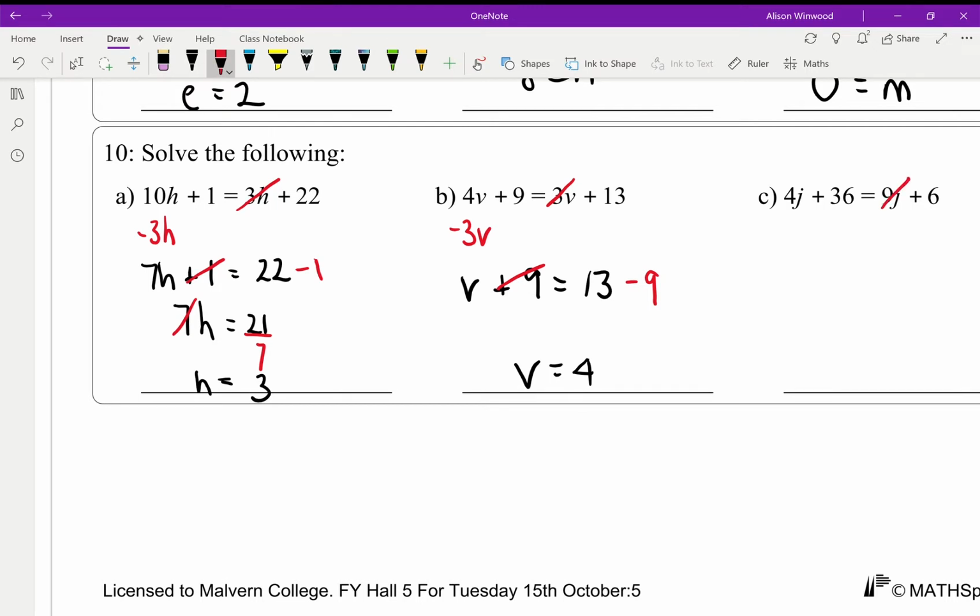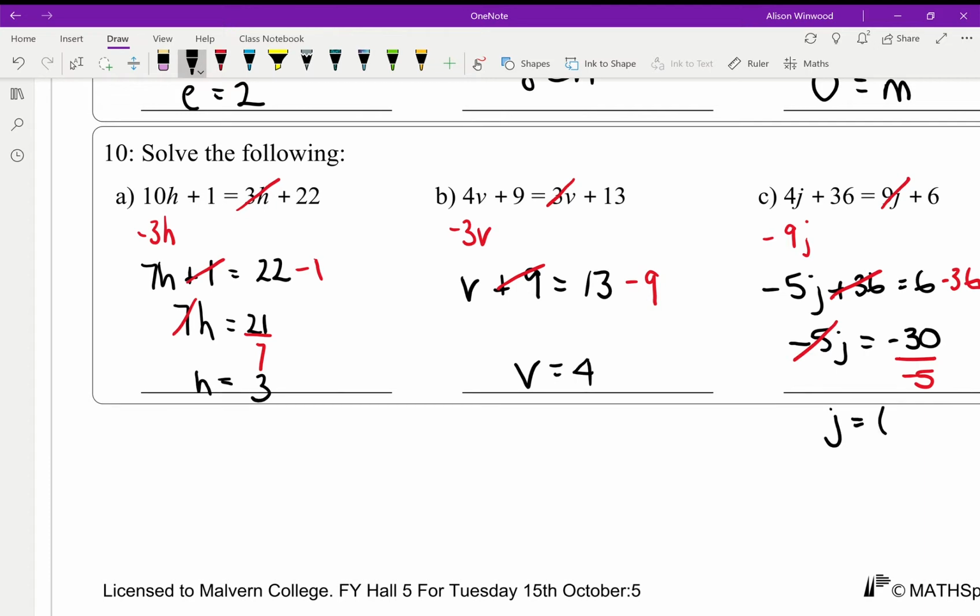Move the j's to the left, so I'm going to subtract 9j, subtract 36, and divide by -5, so I get j equals 6.